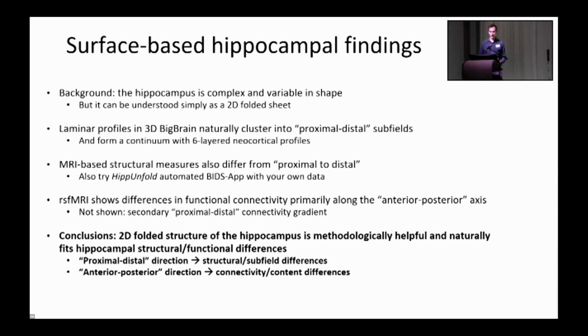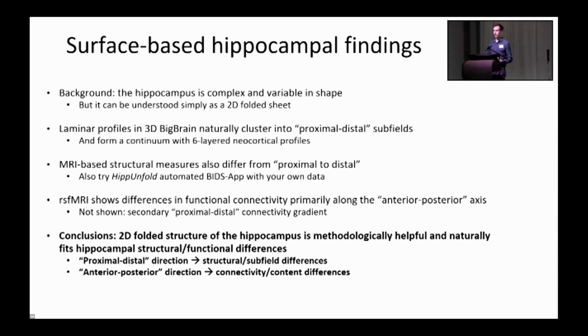So altogether, what I'm proposing here is a very simple model of the hippocampus. Of course, there's nuance and details that's not captured here, but the overall conclusion is very simply that across the proximal distal axis, we see structural differentiation, whereas across the anterior posterior geodesic axis, we see functional differences.